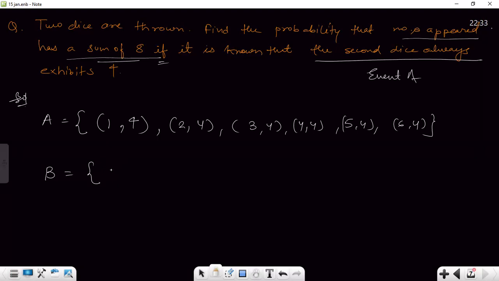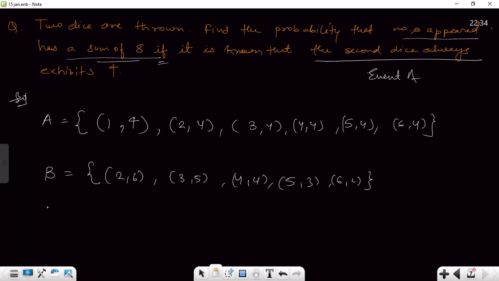So 1, 7, no, 7 is not possible. 2, 6 is possible. 3, 5 is possible. 4, 4 is possible. 5, 3 is possible. 6, 2 is possible. 7, 1 is not possible. So how many cases? There are 5 cases.